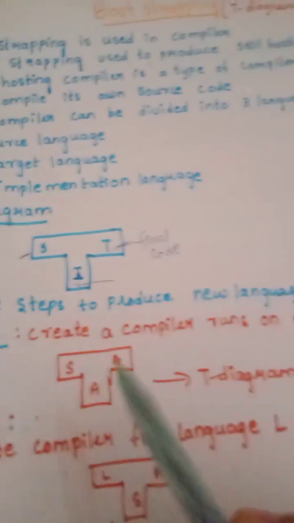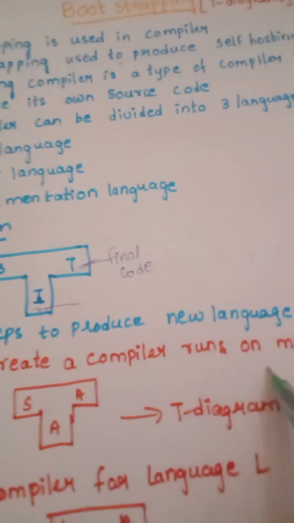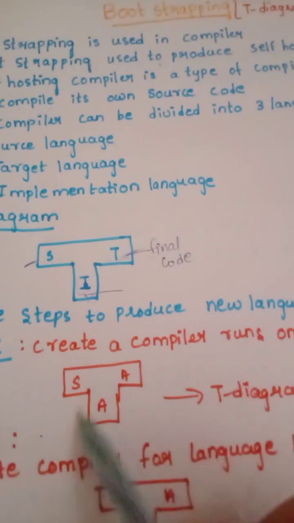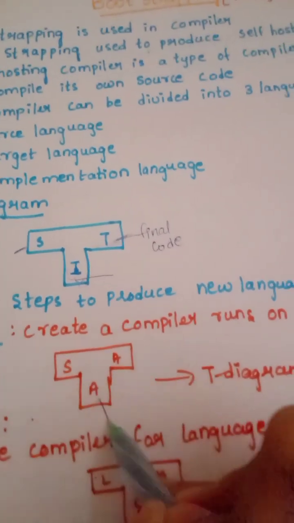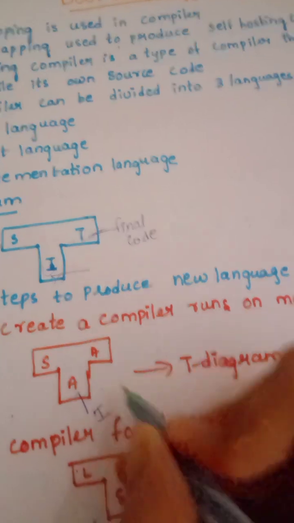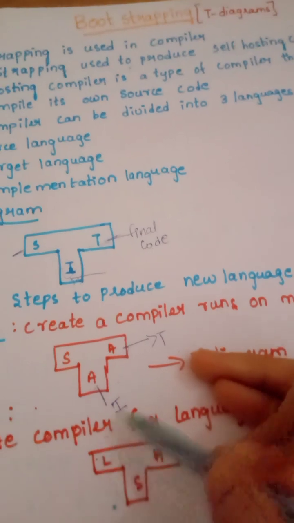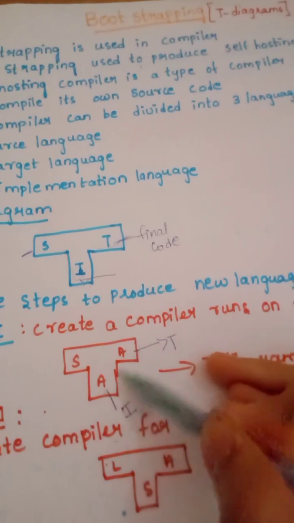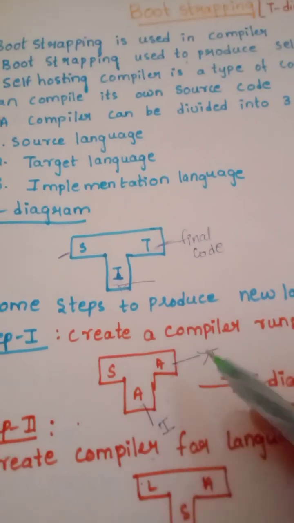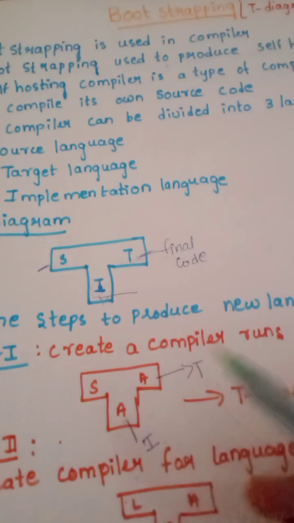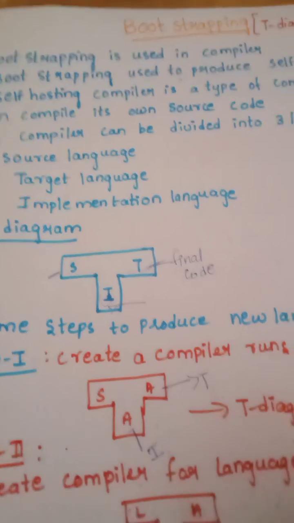On machine A, in the place of implementation you write A, and in the place of target code you also write A. The source code stays the same, because we are creating a compiler that will be running on machine A. So that is the T diagram.